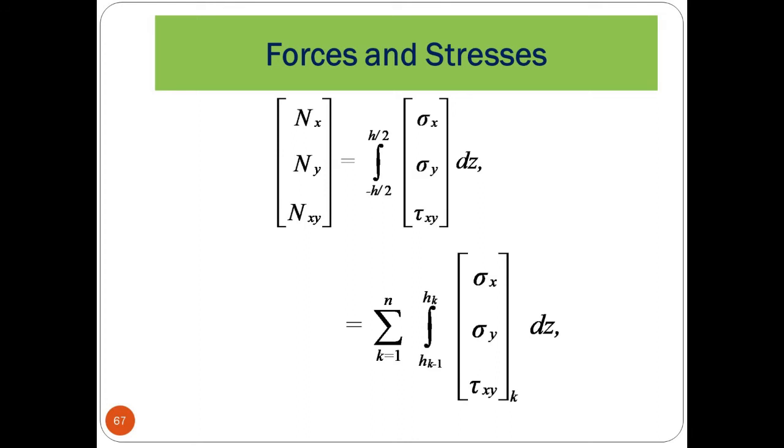Now combining the forces and stresses like this, Nx, Ny, and Nxy equals the integral from minus h by 2 to h by 2 of the different stresses. And in the generalized form, this would vary from 1 to n, k equals 1 to n, and k minus 1 stands for the bottom surface of a lamina, and k stands for the top surface of a lamina.